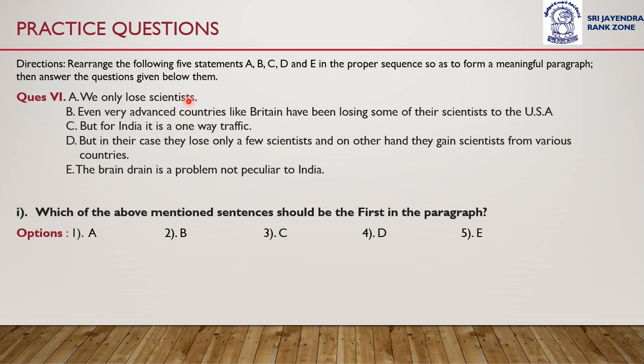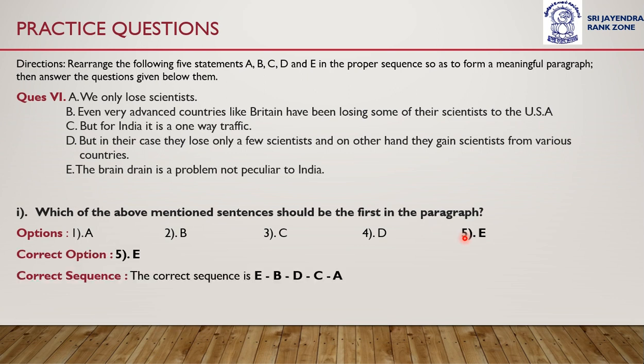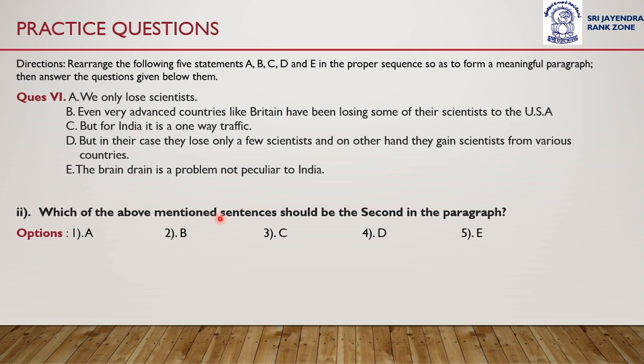E, B, D, C, A is the correct sequence. So which of the above is first in the paragraph? E, option 5. E, B, D, C, A is correct. So which of the above mentioned sentences should be second in the paragraph? I hope all of you have understood how I created the sequence.